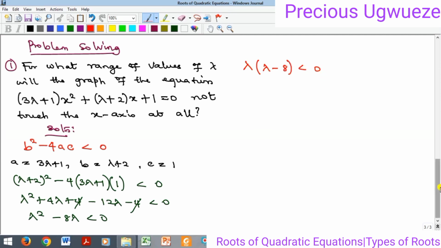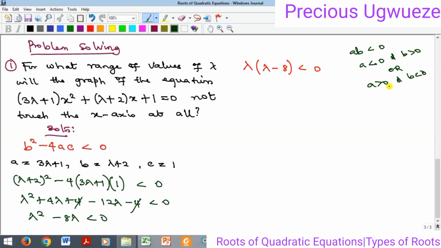Okay, now by definition, for a product AB to be less than 0, two things are involved. It is either A is less than 0 and B is greater than 0, or A is greater than 0 and B is less than 0.